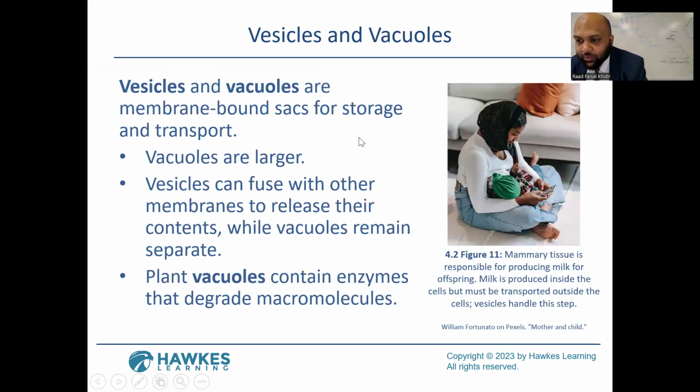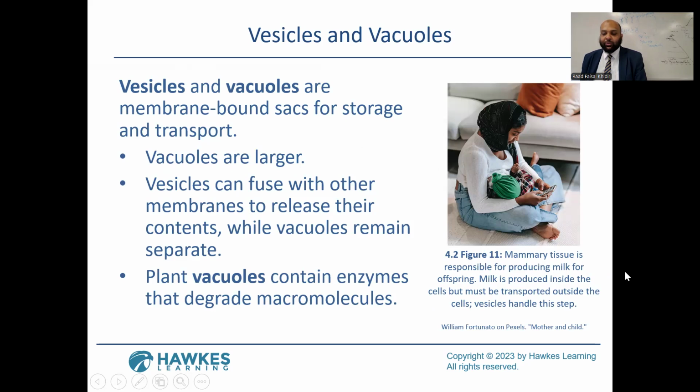Vesicles and vacuoles. Vesicles and vacuoles are membrane-bound sacs for storage and transport. Vacuoles are larger, and vesicles can fuse with other membranes to release their contents while vacuoles remain separate. You see, the mammary tissue is responsible for producing milk for the offspring.